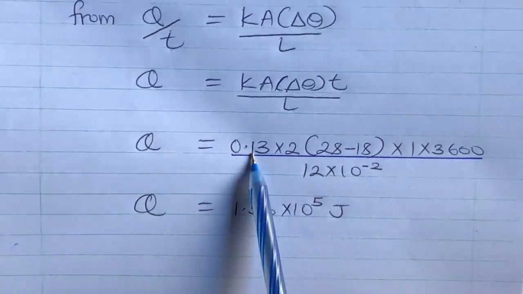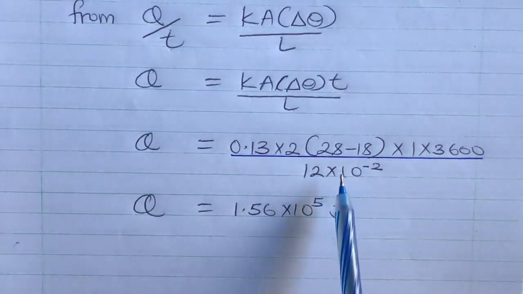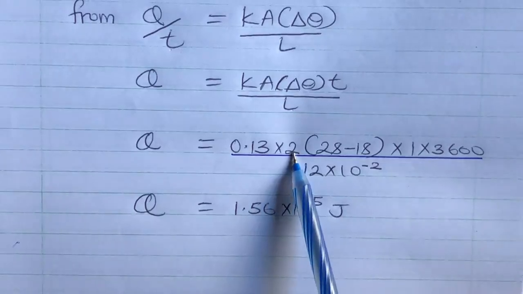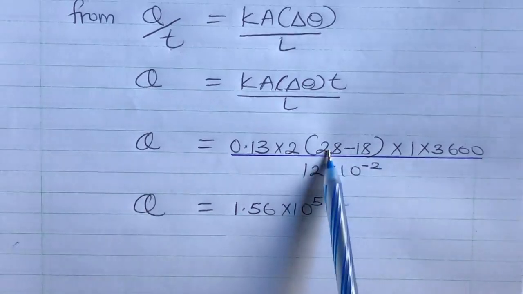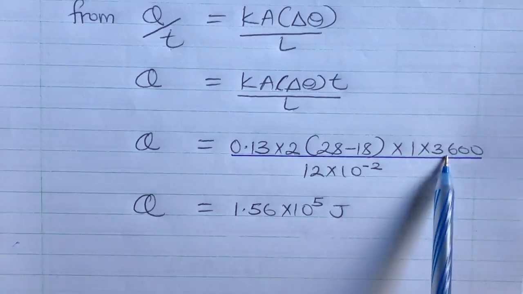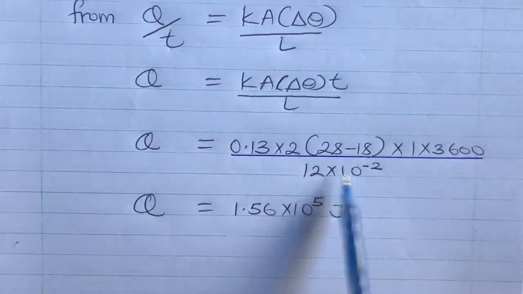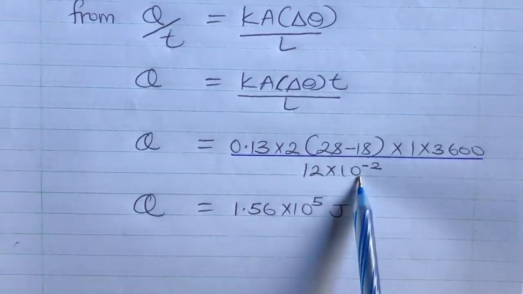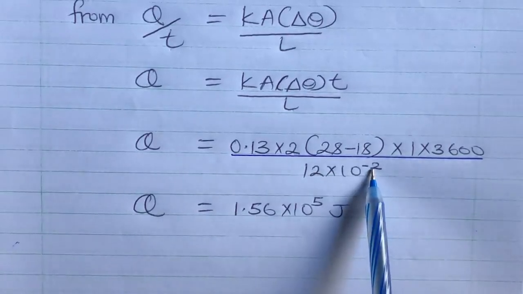We are given the thermal conductivity as 0.13. We are given the area as 2 meters squared. We are given the two temperatures. Then we are given the 1 hour as time. And then we were given the thickness as 12 centimeters, so we convert to meters. That's why you have exponent -2.